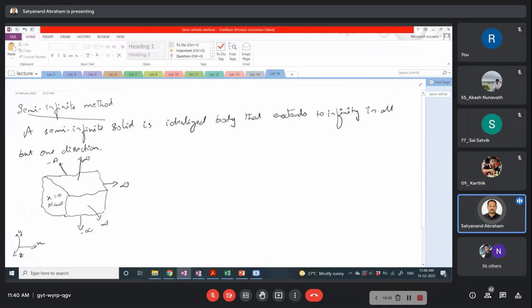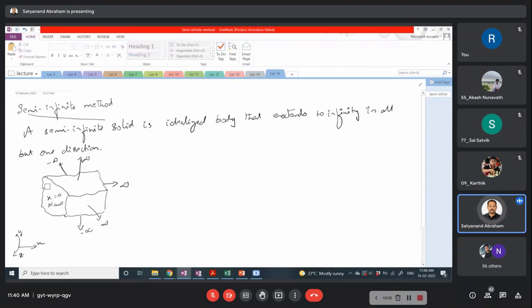It does not extend to infinity in the minus x direction. Such a body is known as a semi-infinite solid.